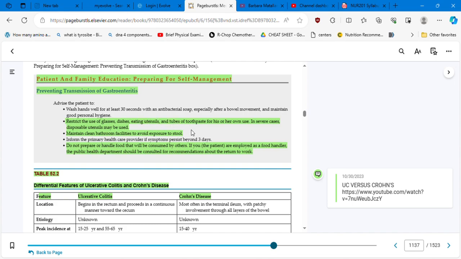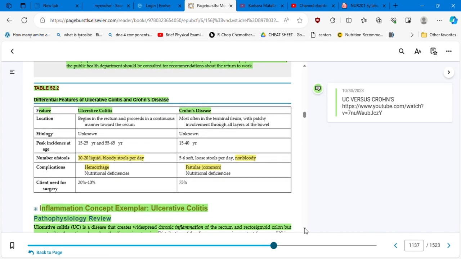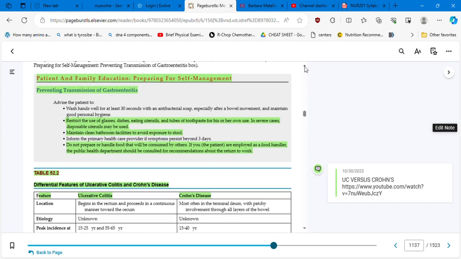Maintain clean bathroom facilities to avoid exposure to stool. Do not prepare or handle food that will be consumed by others. If the patient is employed as a food handler, the public health department should be consulted for recommendations about the return to work. Okay, and here there is a table that I'm assuming belongs to the next topic.